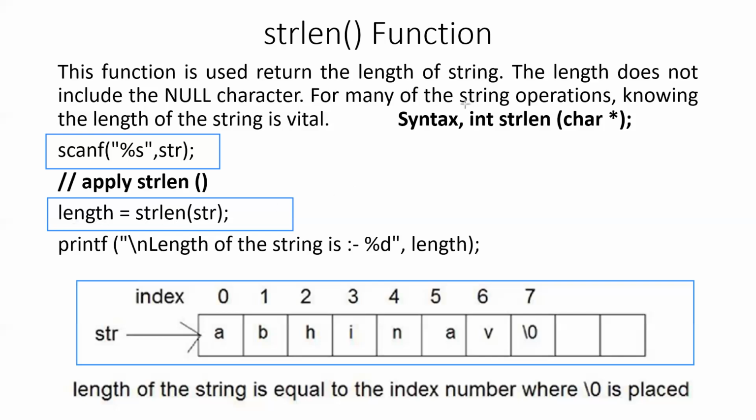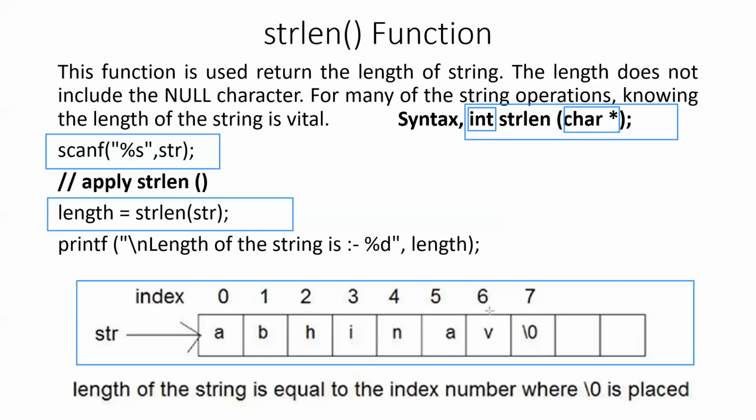You can see right here, this is the syntax of the string length function. The name of the function is strlen. The argument passed to the function is a character string, and the value returned by the function is an integer value.